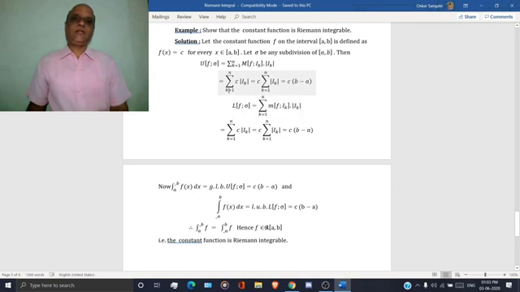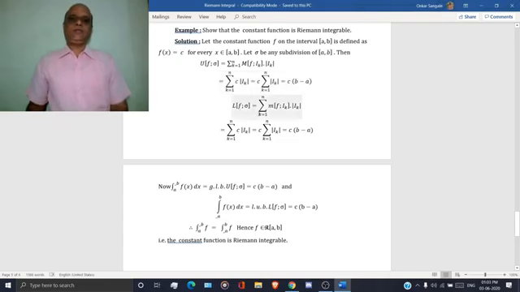Therefore we get the summation k equal to 1 to n of c times the length of I_k. Since c is a constant, we take it outside the summation sign, and we get c times the summation k equal to 1 to n of the length of I_k. This is the summation of all component intervals of [a, b], and therefore the summation is b minus a, so it is c times (b minus a).